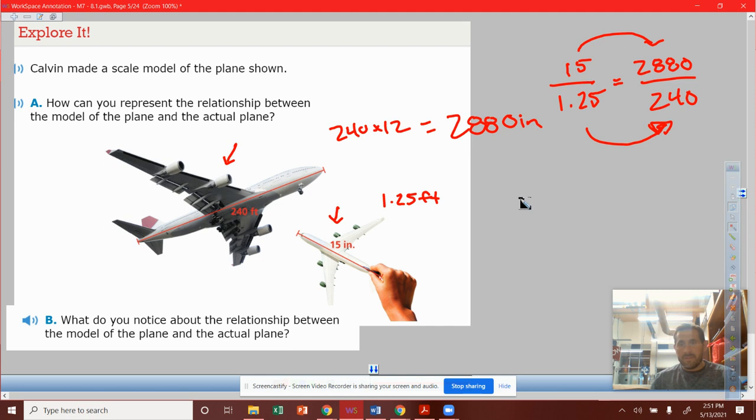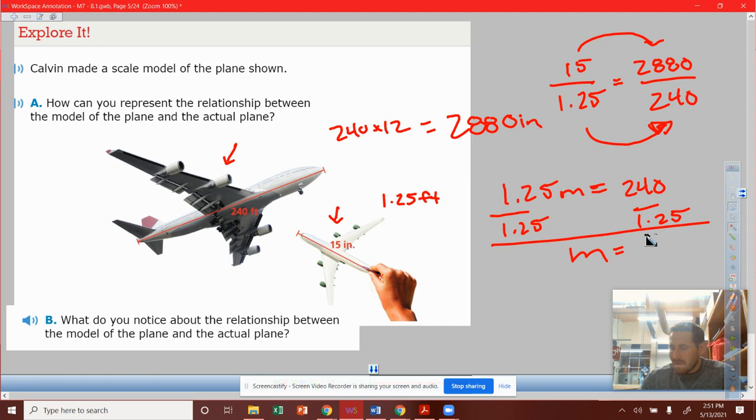So if we can't find that multiplier, we could build an equation. I'm going to use the 1.25, and that's my multiplier. So if I want to find that multiplier, I can divide by 1.25 over here and divide by 1.25 over here. So that multiplier, 240 divided by 1.25 equals 192.